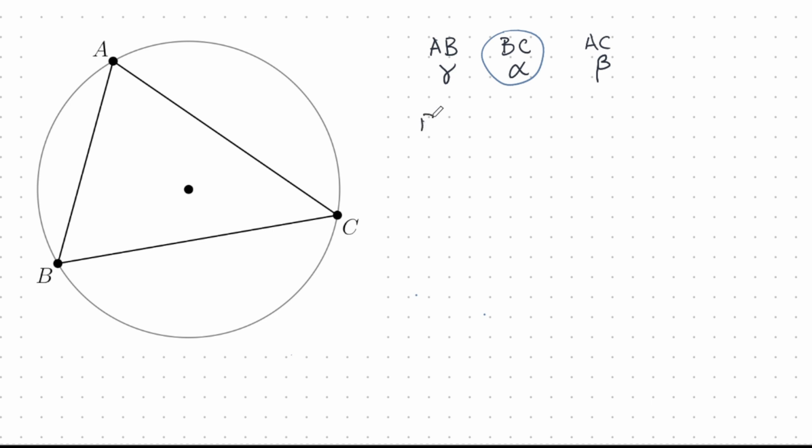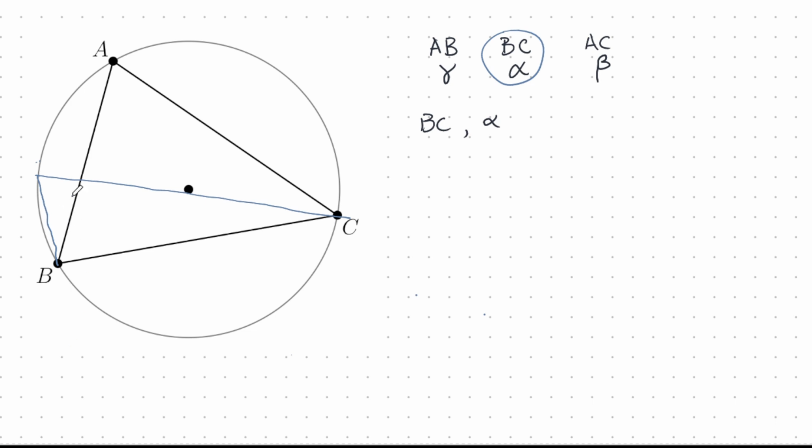Okay, so BC, and we're looking for something involving alpha. What we are going to do here is connect B and C using a line through the center. So let's see if I can draw this freehand. Okay, that's not so bad. There we go.